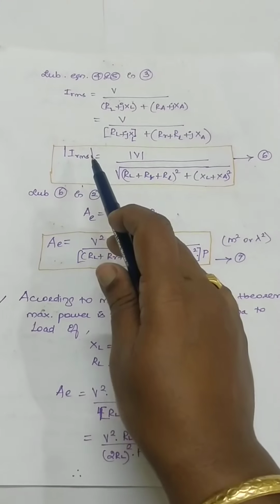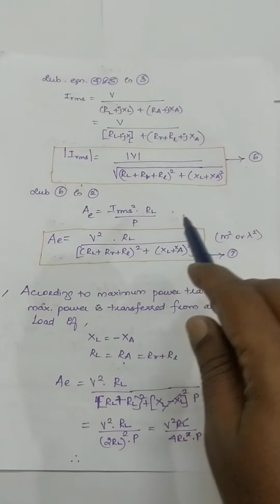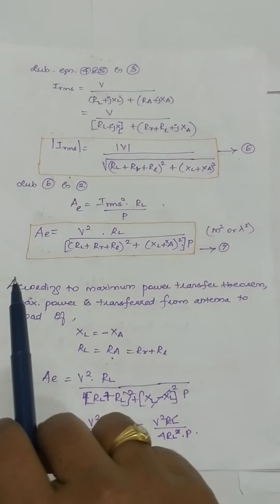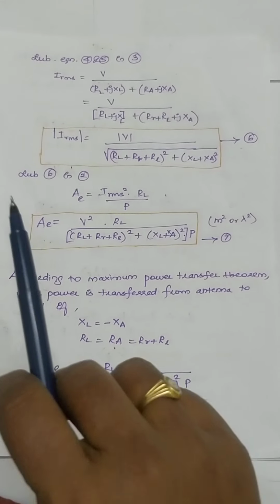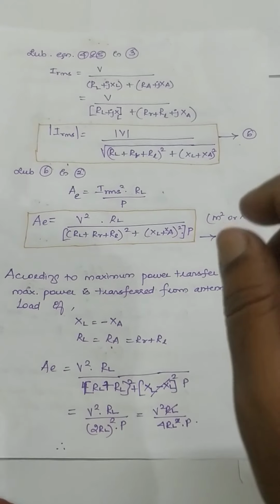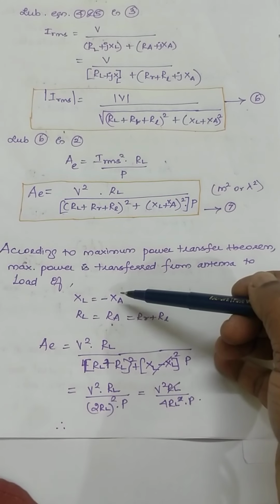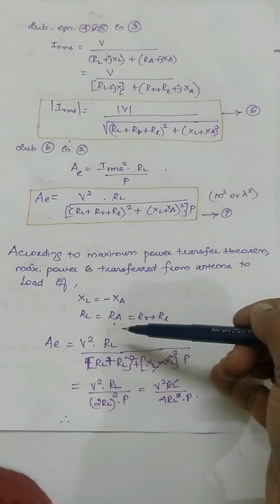So here I have found the magnitude from this equation. It is understood. So equation number 7 is the final equation of effective aperture, and according to the maximum power transfer theorem, maximum power is transferred from the antenna to the load under what conditions? Condition number 1 is XL equal to minus XA, and condition number 2 is RL equal to RA.